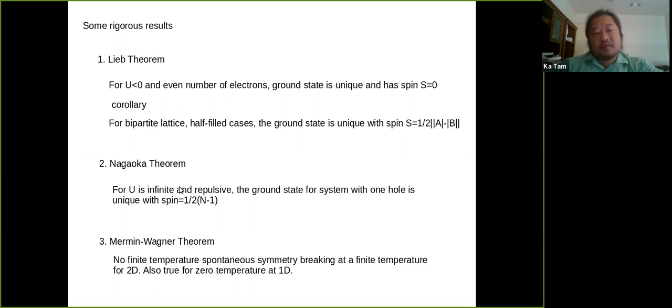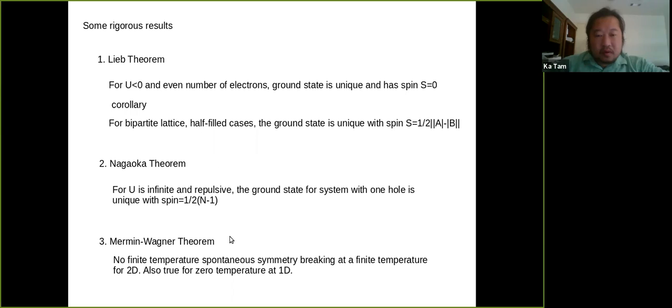It basically says that for U infinite and repulsive, if you put one hole in the system, let's say you start from half filling and just take one electron out, then the spin of the system will be 1/2 times the number of sites minus 1. That means it is ferromagnetic. Again, this is an exact result, but in practice, it may not be very useful.